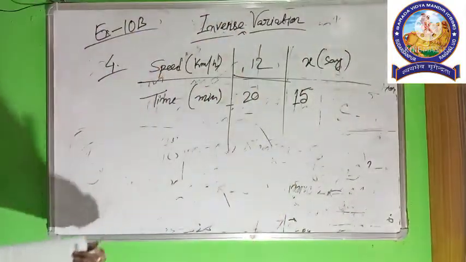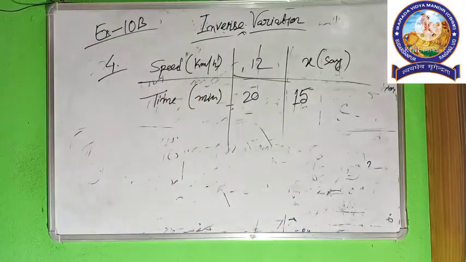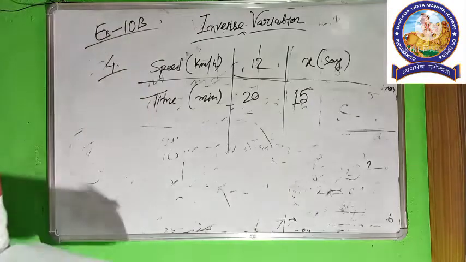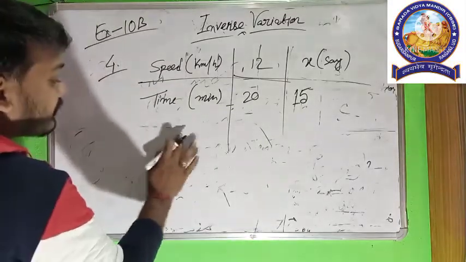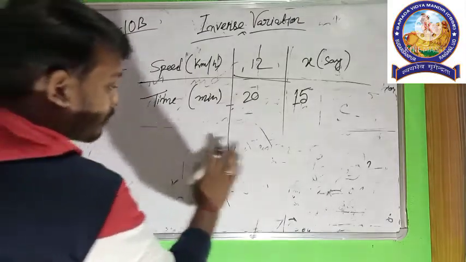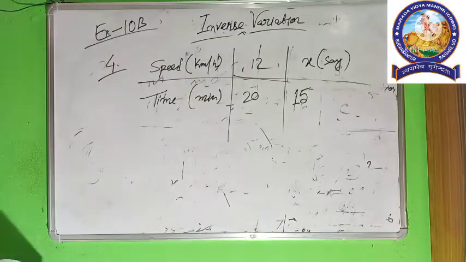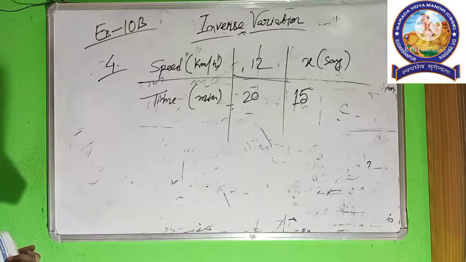Okay, since it is a problem of variation, first we define the relation in which x and y are related. That means the quantities, speed and time, are related. So first we find the relation. More speed, less time.